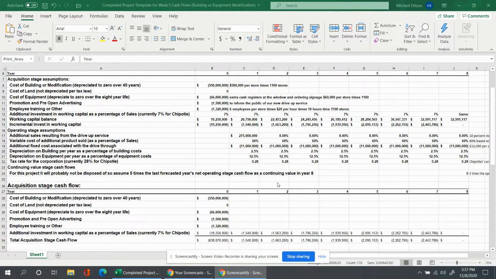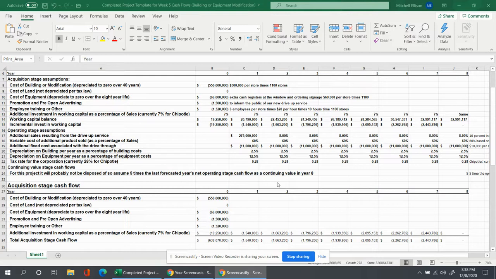Okay, welcome back. In this Screencastify video, I'm going to describe how to estimate one, the cash flow category, and two, the cash flow amounts. In the cash flow category, there are three stages to a project's life.